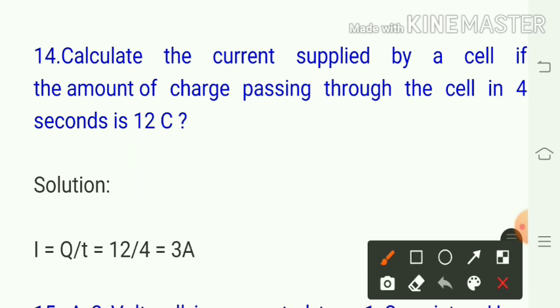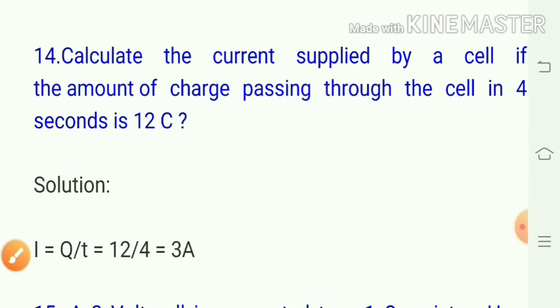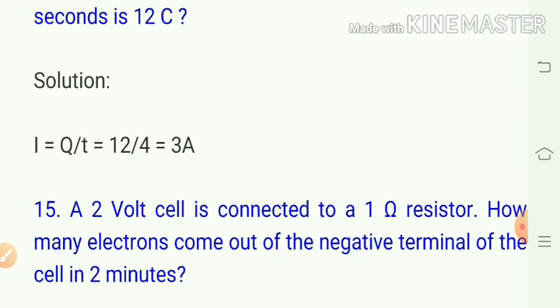Here, the given values are: the charge passing in 4 seconds is 12 coulomb, so Q is 12 coulomb, and time is 4 seconds. Therefore, electric current I is Q by T, which is 12 by 4, equal to 3 ampere.